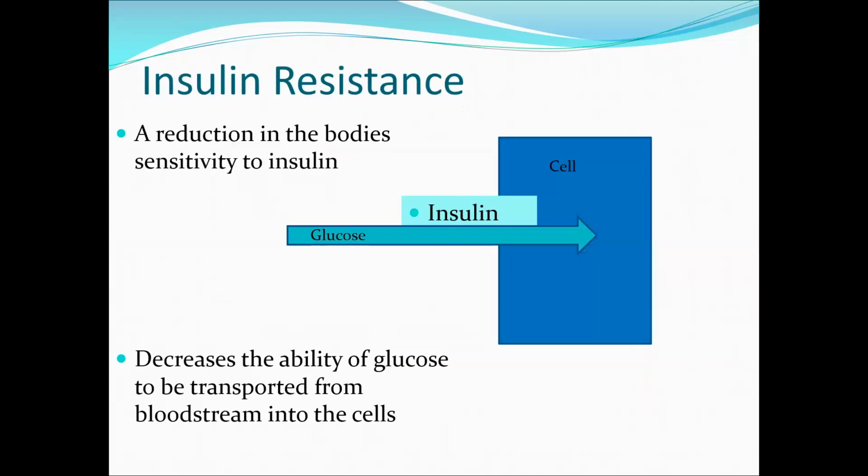All right, so with insulin resistance, this is basically a reduction in the body's sensitivity to insulin. So who can tell me where insulin comes from? Anybody know what organ produces insulin in your body?